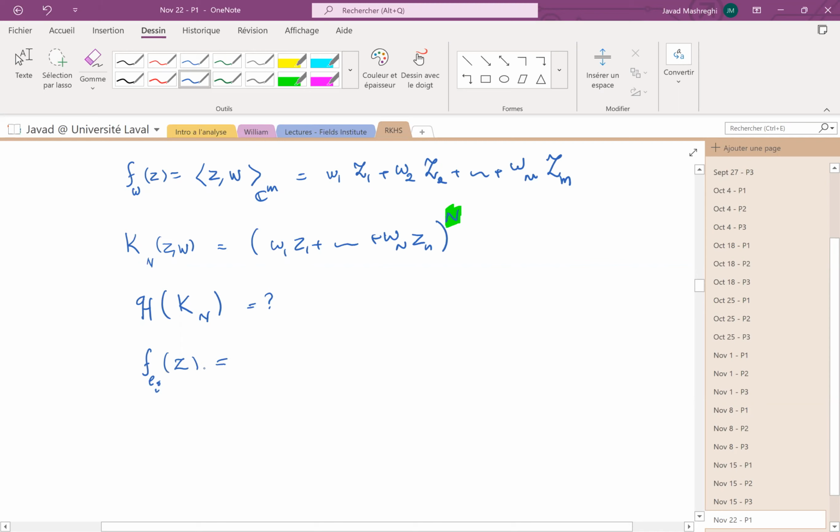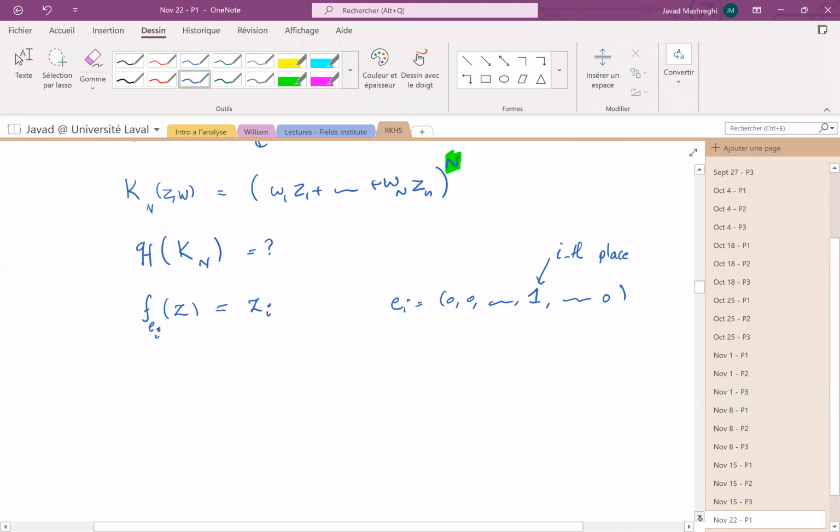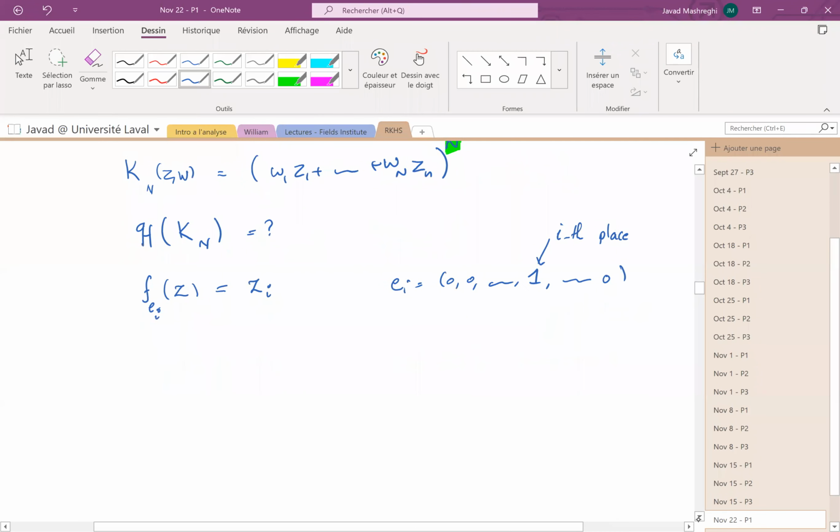So f_{e_i} evaluated at z is just z_i. e_i is 0, 0, 1, 0, and this is just the i-th place.